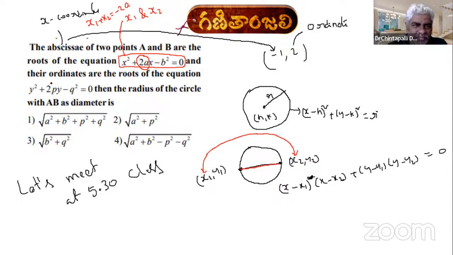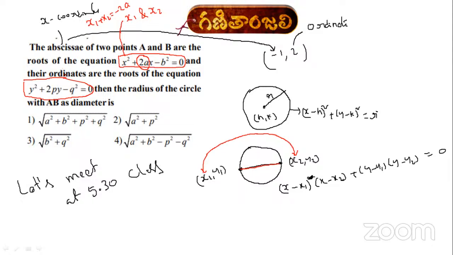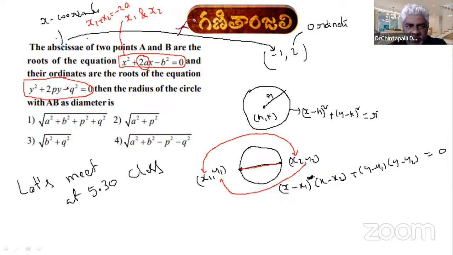Now, see, these two are the abscissae, then their ordinates. Students, you know what is ordinate? The y values, y coordinates are called ordinates. These ordinates can be found by solving this equation, but we can't solve this equation completely.